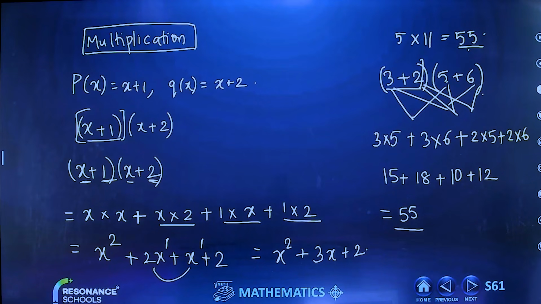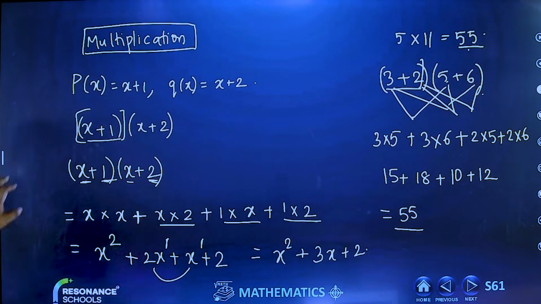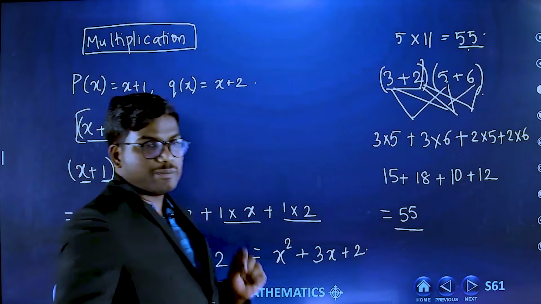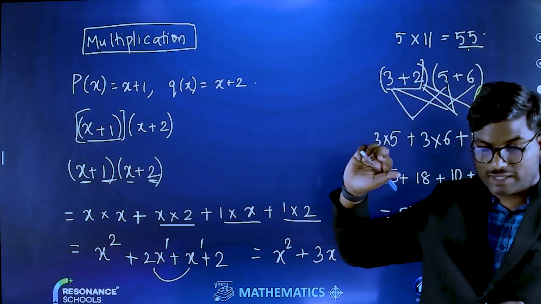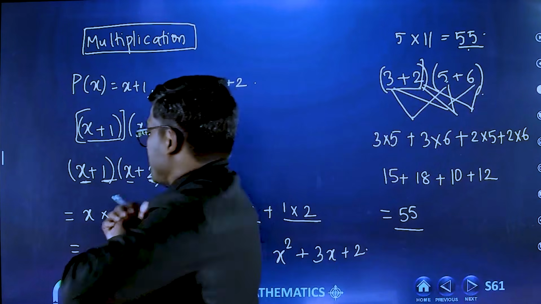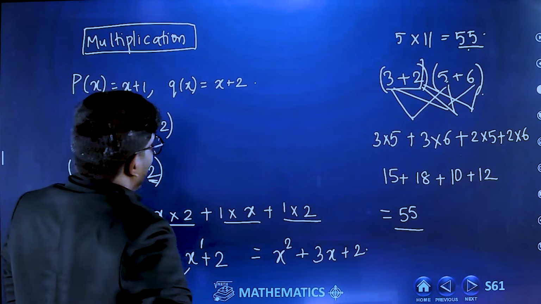I think that would help you make proper notes later. Alright, we'll continue with the multiplication. We've done the multiplication so far for simple polynomials, right? This was in regard to the simple polynomials. Now we'll try to do this for a little bit higher polynomials.